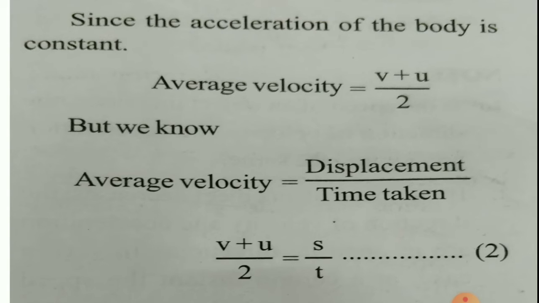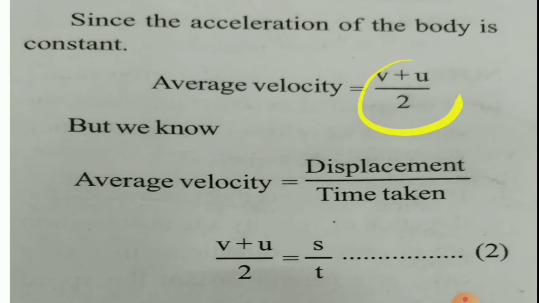Next one. Since the acceleration of a body is constant, the average of two velocities will always be equal to their addition divided by 2. That is something we know previously. But we already know average velocity is equal to displacement by time.